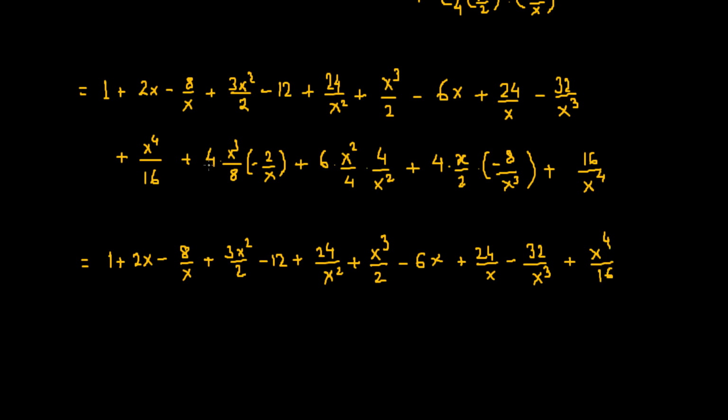So 4 times negative 2 is negative 8, negative 8 over 8 is 1, x, one of the x's gets factored out, so we'll be left with minus x squared, plus 6 times 4 is 24, 24 over 4 is 6, so x squared, so we're left with only 6, plus 6 for this term.